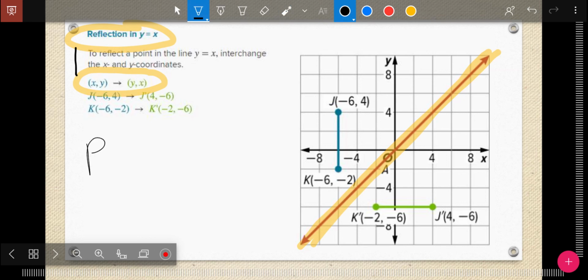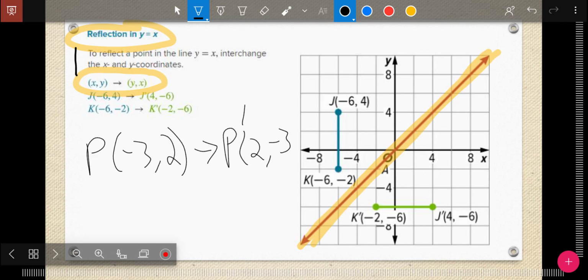Again, if you had a point, just randomly point P that was -3, 2, what happens to the new point P? Read the rule. You just flip spots to 2, -3. So this one has a rule like the x-axis had a rule and the y-axis had a rule.